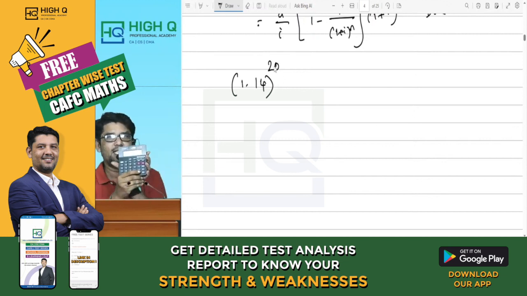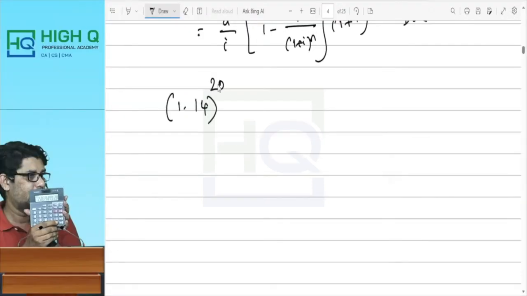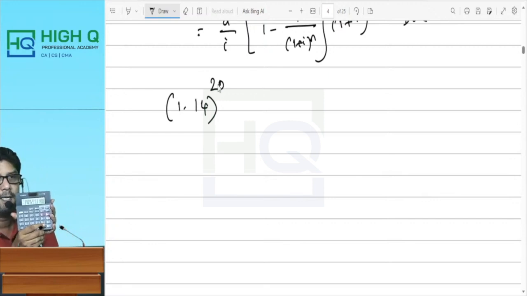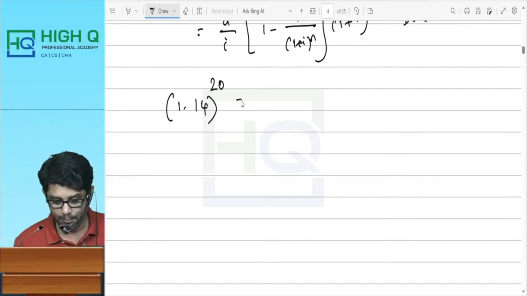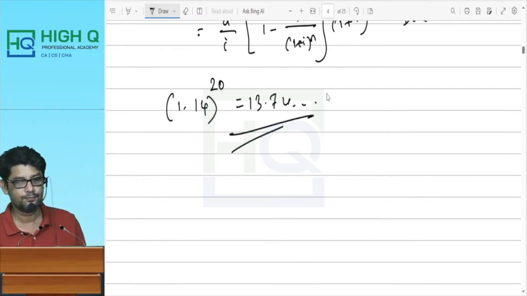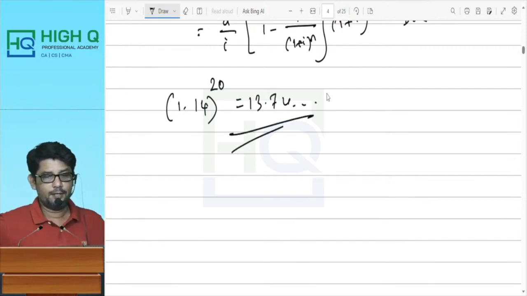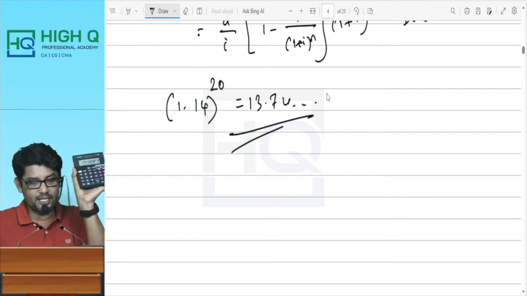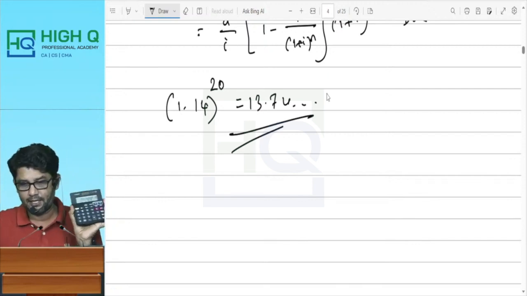Another time equal to gives the cube. Keep pressing equal to: 4, 5, 6, 7, 8, 9, 10, 11, 12, 13, 14, 15, 16, 17, 18, 19, 20. This is power 20. I get 13.74. Can you please check, for your practice, whether you got this approximately?